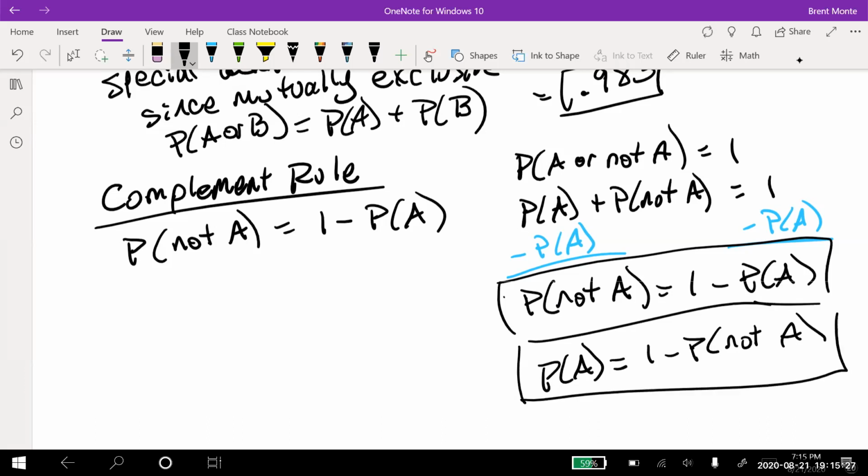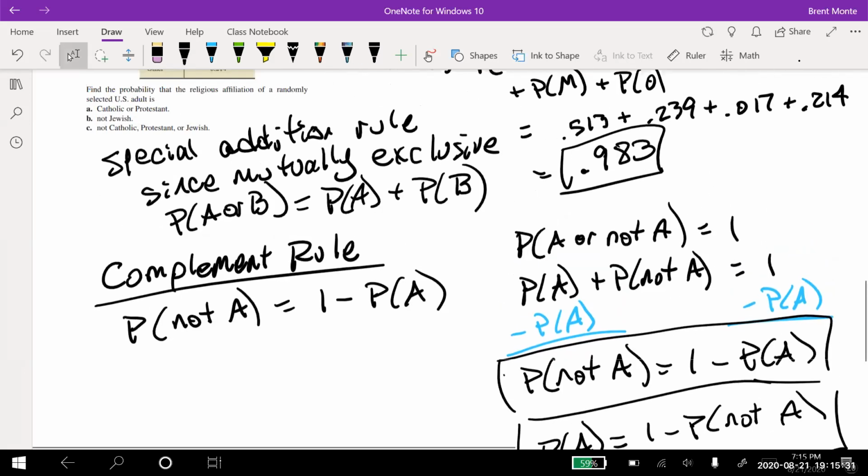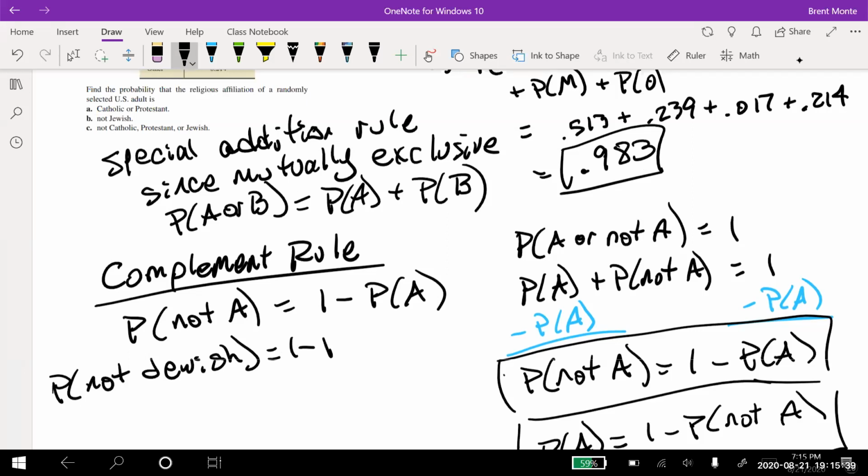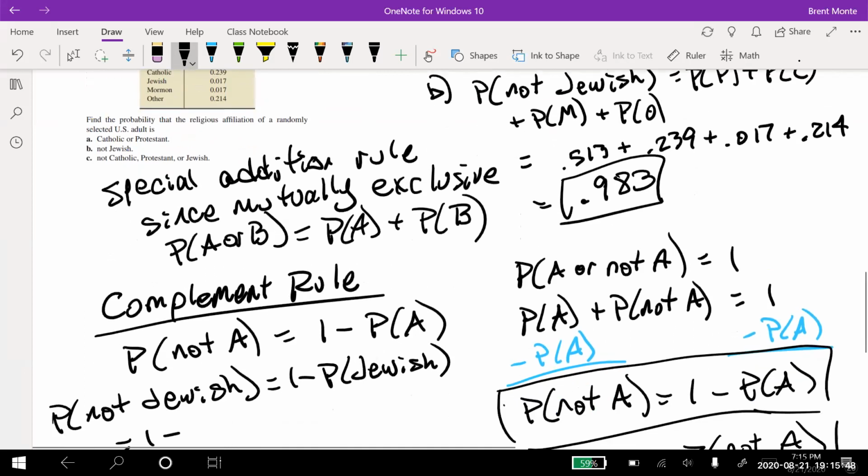And so for this problem about Jewish, what's the probability they're not Jewish? Well, we could have said probability not Jewish is 1 minus the probability that they are Jewish, which is 1 minus, well, the probability they are Jewish was 0.017.